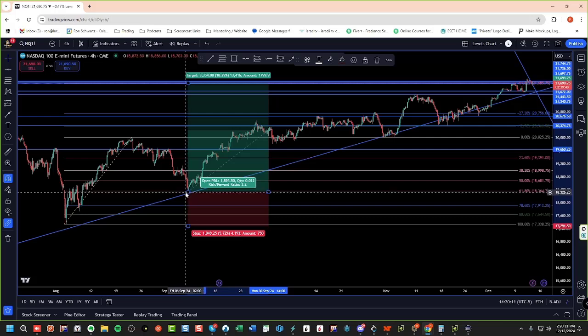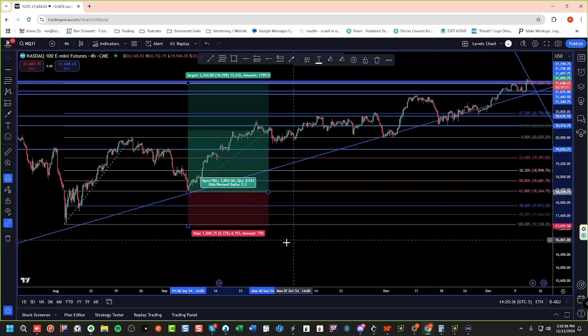Basically, when you get in, if it retraces to the 61.8, the 618 is what it's called. If it retraces to the 618 and you get into the trade, if you don't break below A, it will always go to the 61.